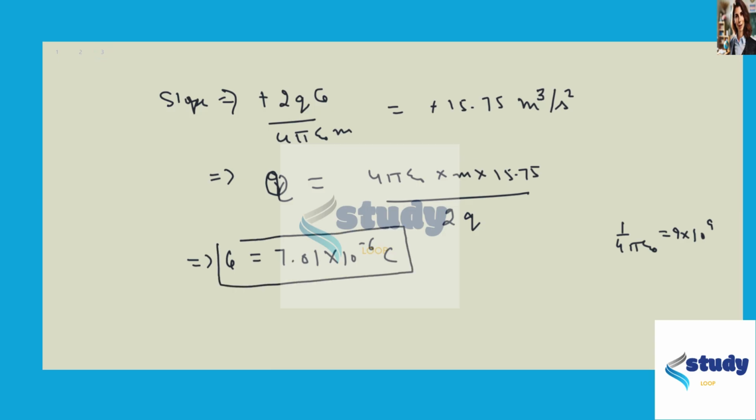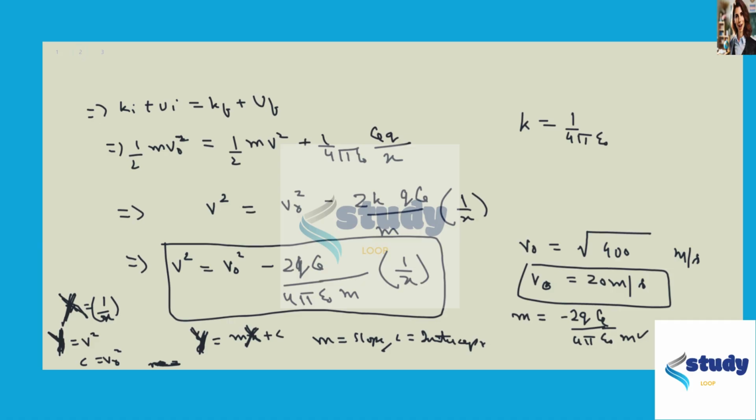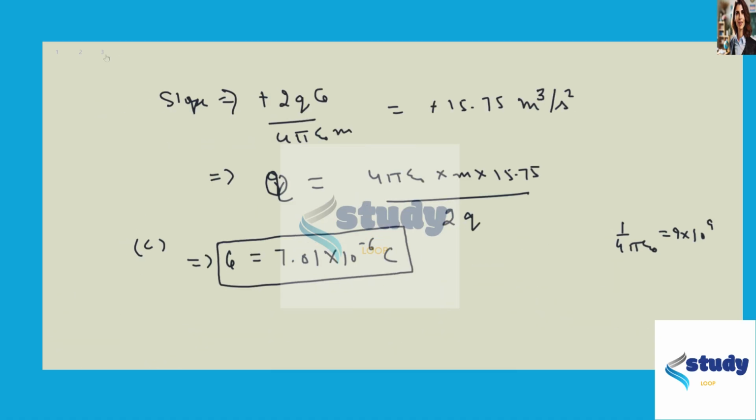All right, now we have found out the capital Q value. So this is your part C, and this is your part B, and this is your part A. Now let's find out the value of x. The question is as follows: how close does the particle get to the sphere?